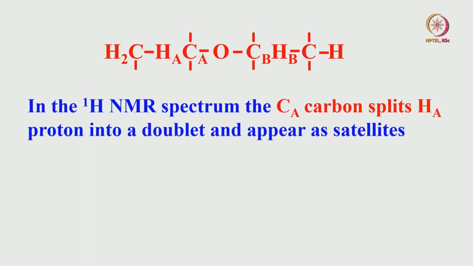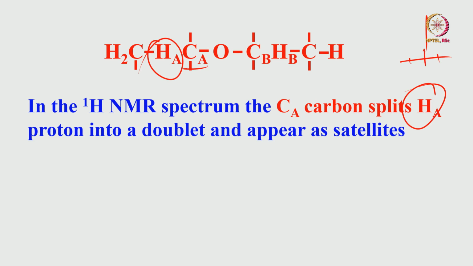How do we get this? In the 1H NMR spectrum, if I take the proton NMR spectrum, carbon A splits HA into a doublet and appears as satellites. Look at the proton, carbon A splits this proton and we get satellites. That is what we saw when we analyzed the satellite spectra.